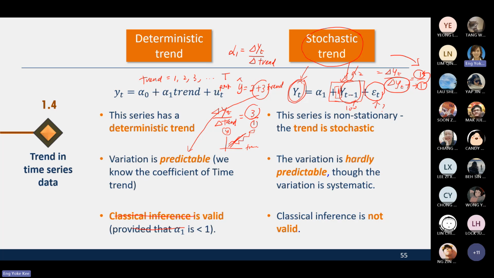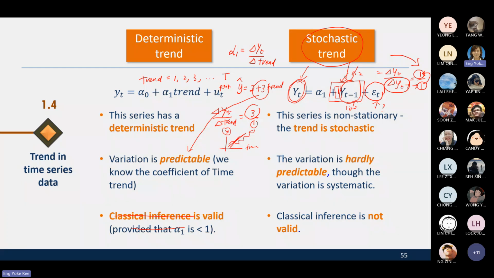Last year's effect 100% affects this year, plus a random component. So you don't know how much the y will change this period. Because the coefficient for last year takes the value 1, this is a typical non-stationary process, or stochastic trend pattern, that we see.